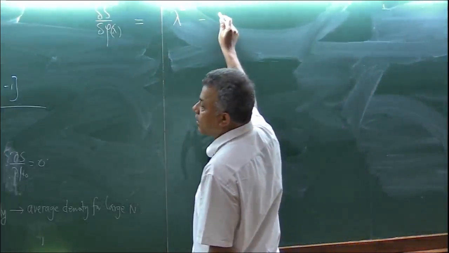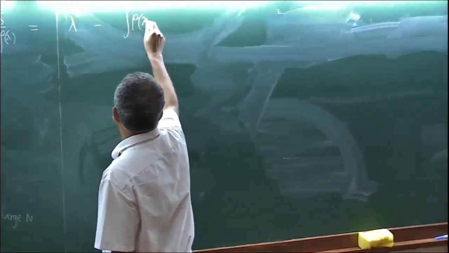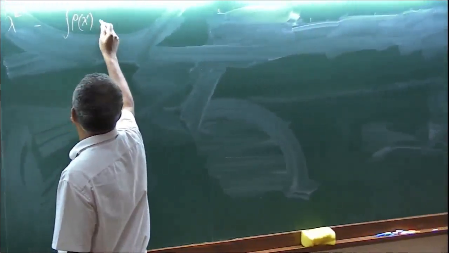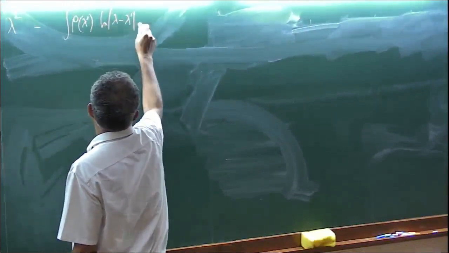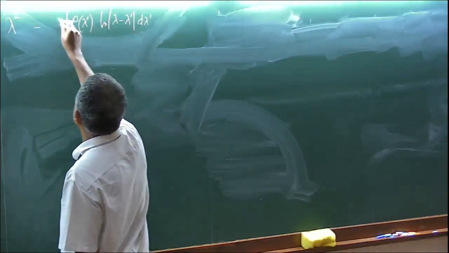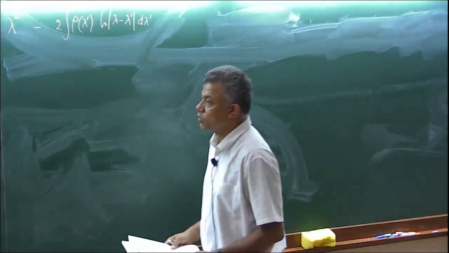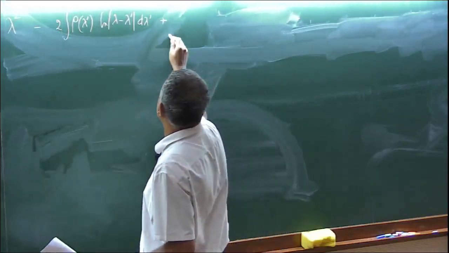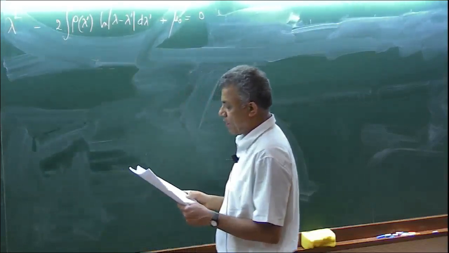And the second term, taking the functional derivative with respect to rho of lambda, should give me this, and there's a factor 2 because it could be from this or from that, right? And then plus mu naught equal to 0. Yeah?